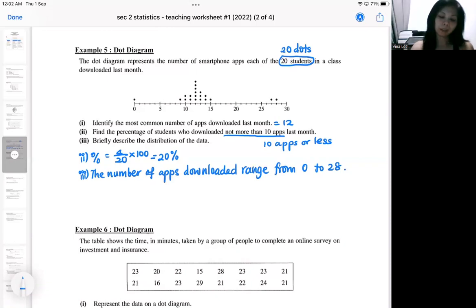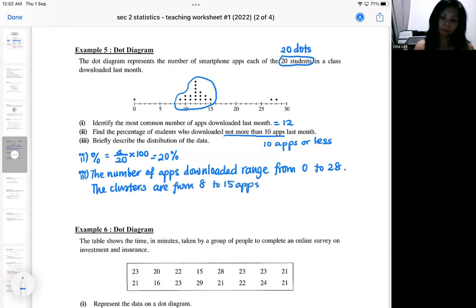And we realize that there's a cluster here. Cluster means there are a lot of people crowding there. So the cluster is from 8 to 15 apps. If there's a cluster, we will mention the cluster.